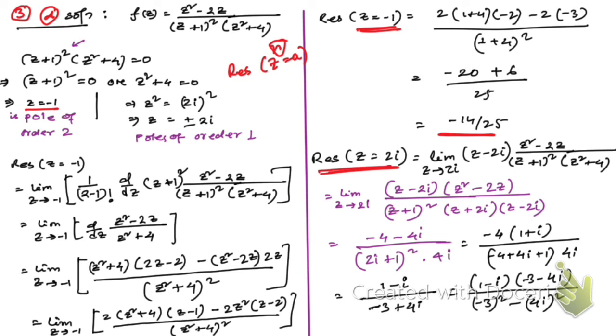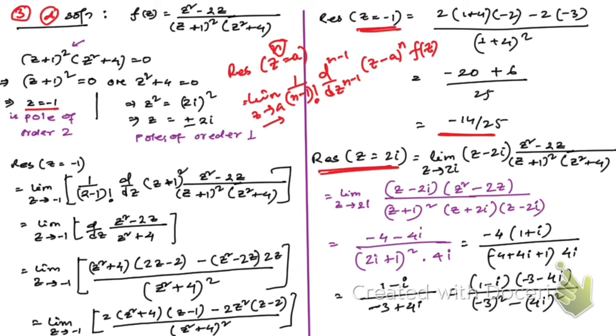In that case, limit z tends to a, then 1 by (n minus 1) factorial, and the order of the derivative should be 1 less than the order of the pole, that is (n minus 1)th order. Then as z tends to a, we should take (z minus a) to the power n for an nth order pole, then f of z.